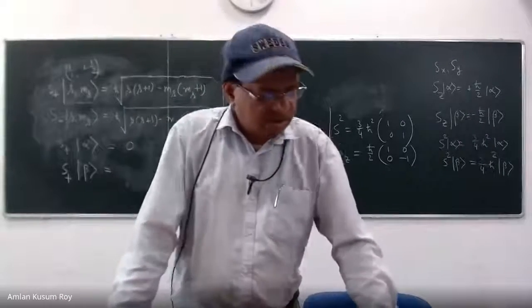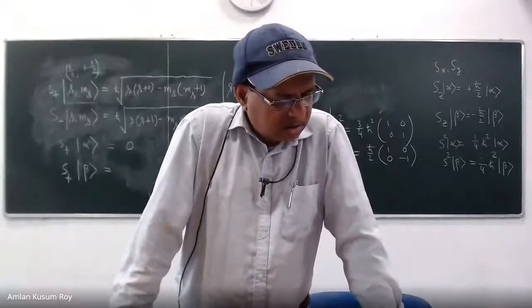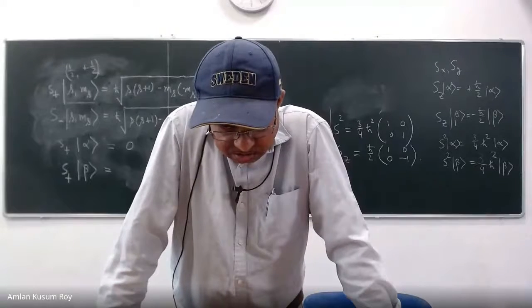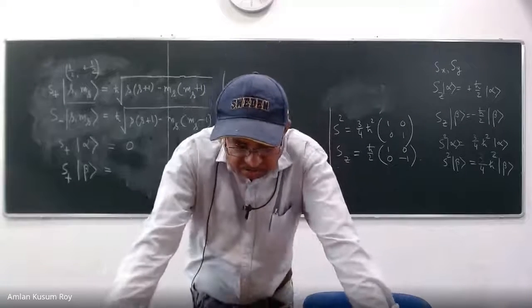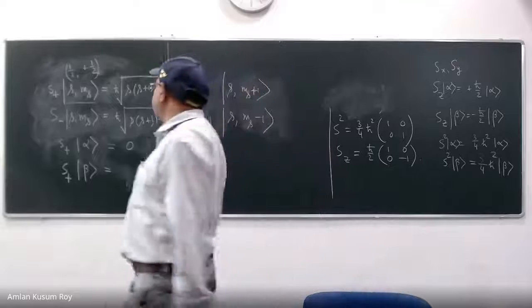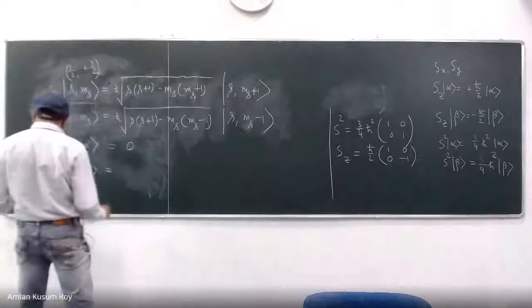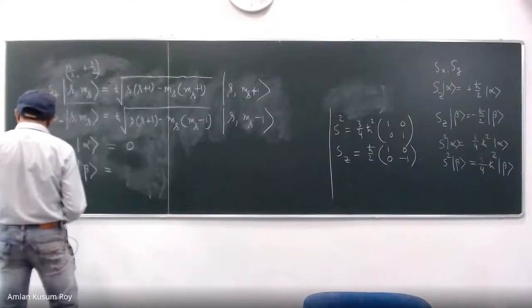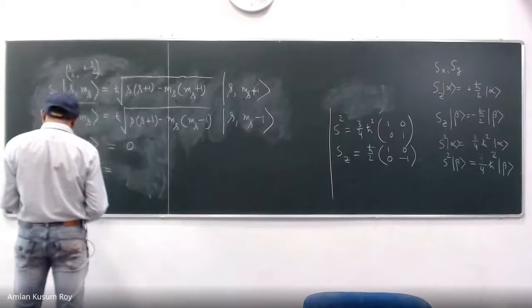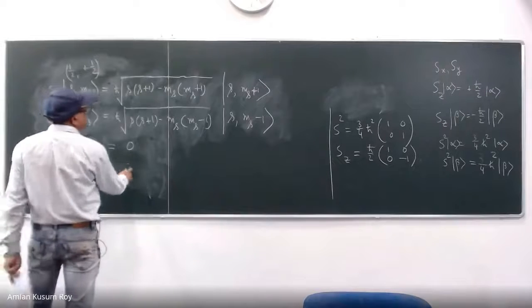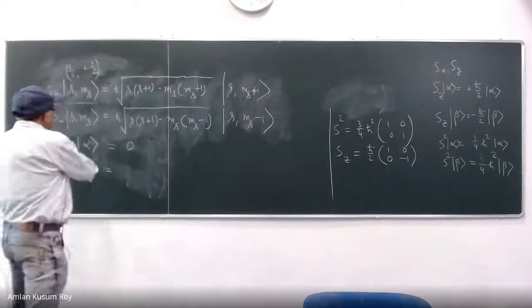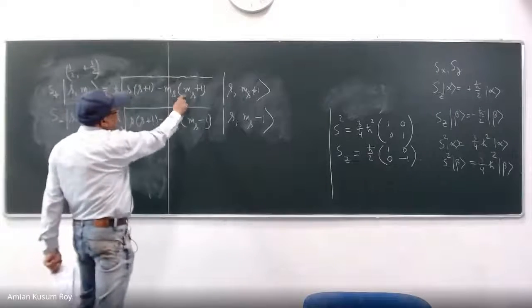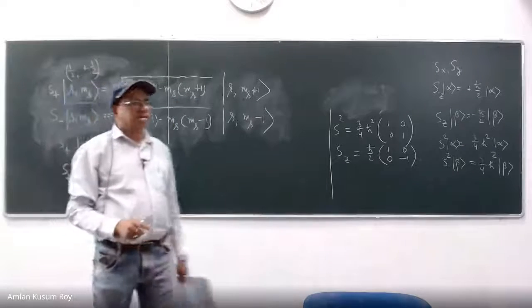H cross. That's only half the answer. H cross beta, that's right. Now wait a second. S plus alpha is 0. S plus beta is H cross. You are putting MS equal to minus half, right?